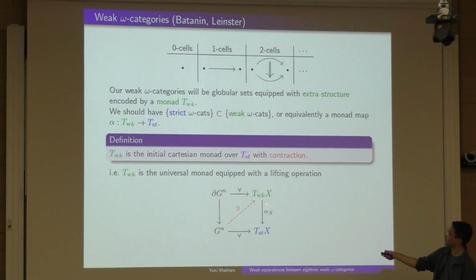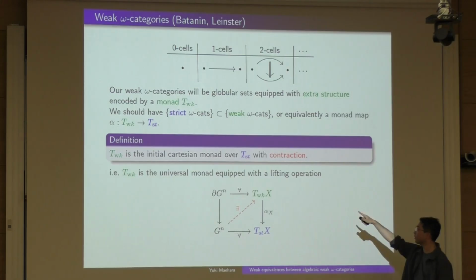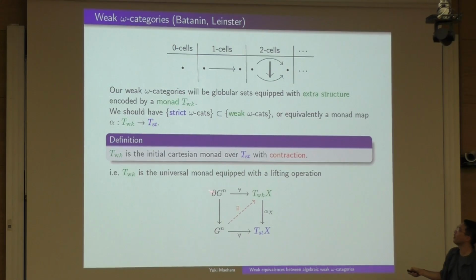What this is saying is that if we have a commuting square like that, where at the bottom here is the n-globe, and here is the boundary of the n-globe, so that's the parallel pair of n-1 cells, then whenever you give this sort of commuting square of this form with the component of this monad map at the globular set alpha, we always have this chosen lift up here indicated in orange. So this is our definition of T weak, and this definition is due to Tom Leinster, and also this is based on an earlier idea of Batanin's.